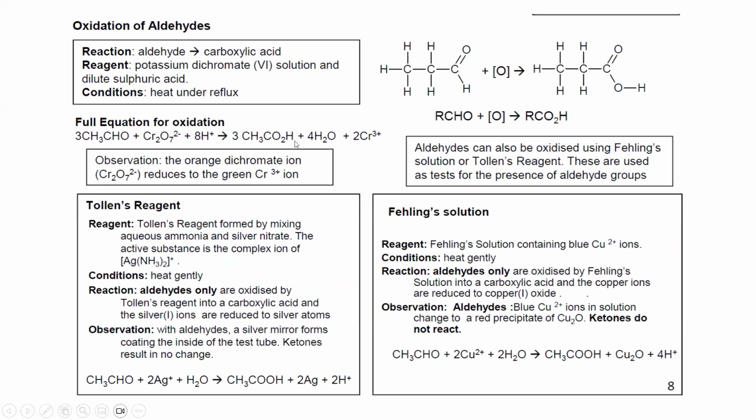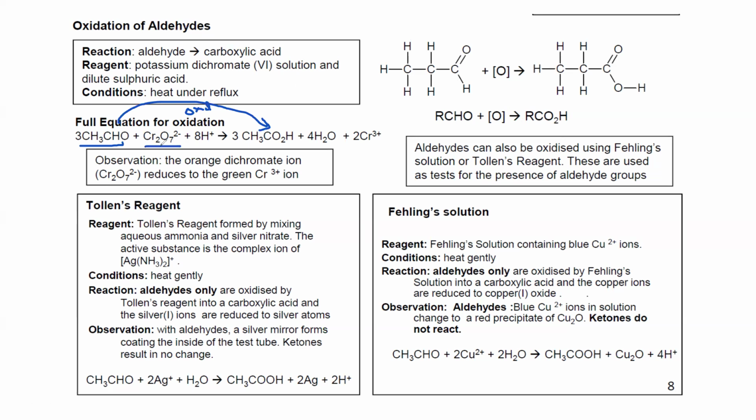These are also the tests to check the presence of aldehyde or ketone, because aldehyde can be oxidized to carboxylic acid. So if the oxidation happens for aldehyde, the reduction will happen for the other substance. Like this equation, this is ethanol. The ethanol is converted into ethanoic acid. So this change is oxidation.